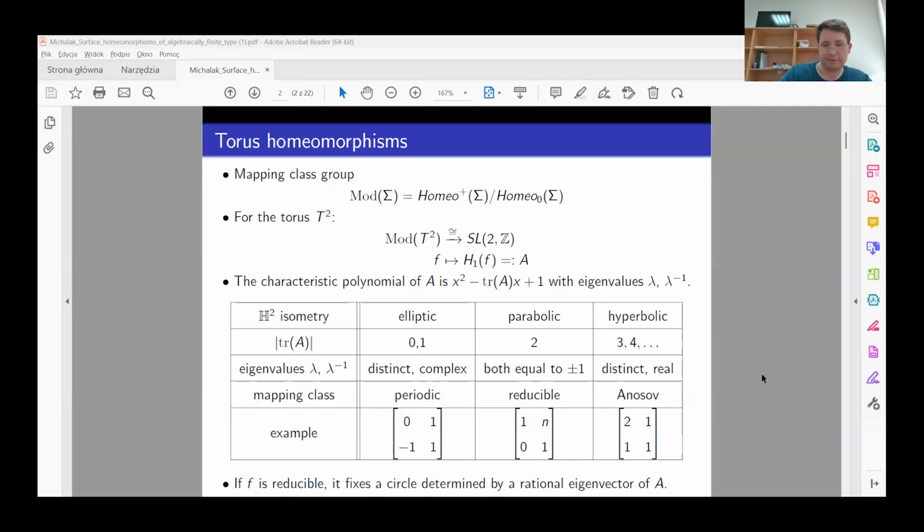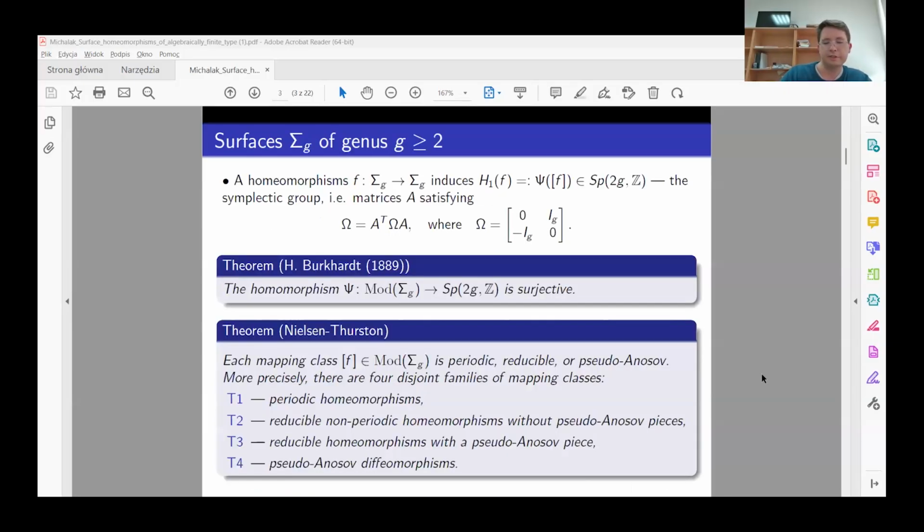Okay, so this is the classical setting. In general, for surfaces of genus at least 2, the transformation on the first homology group is a symplectic transformation because it preserves the intersection form for oriented surfaces.